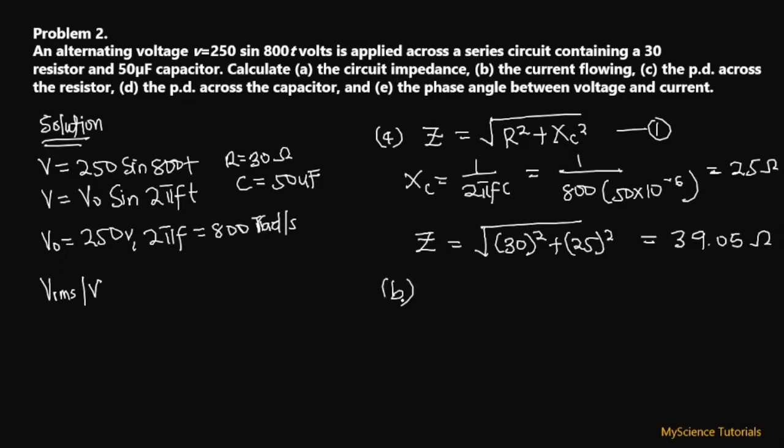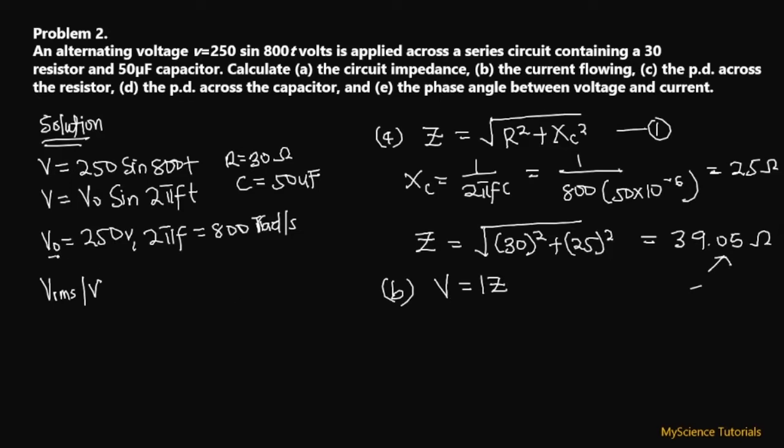So let's look at B, the current flowing through the circuit. We know that the root mean square voltage, or the applied voltage, is equal to IZ. We don't know the current, which is what we've been asked to find. We found the impedance, but we do not know the applied voltage that we need to use here.